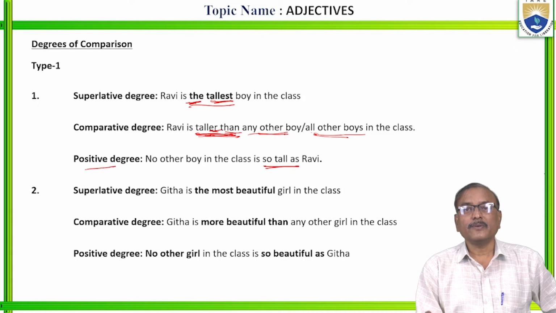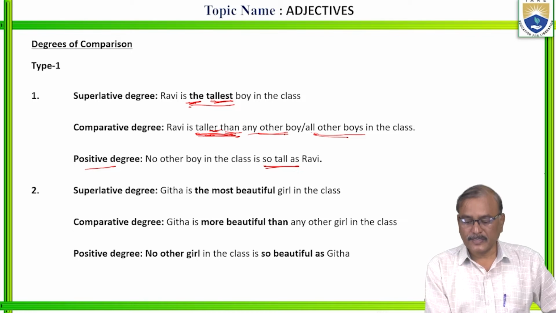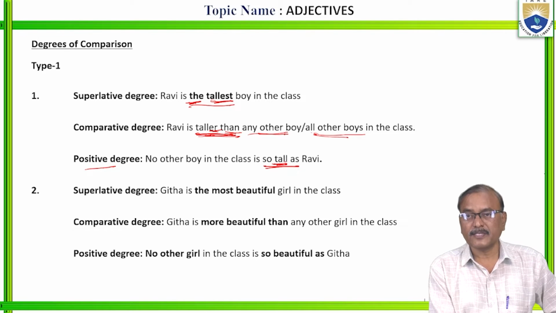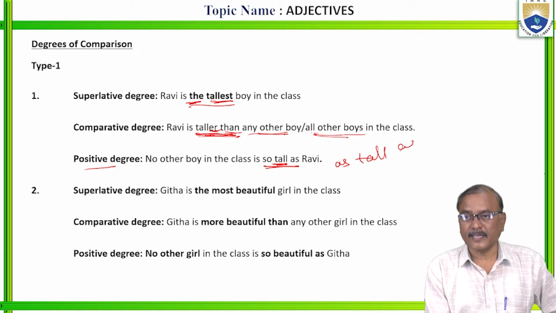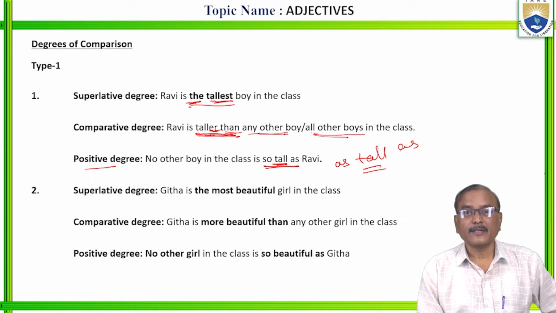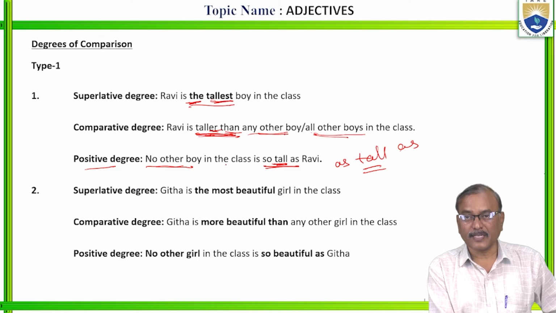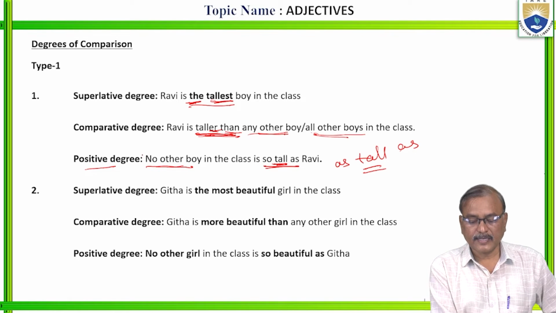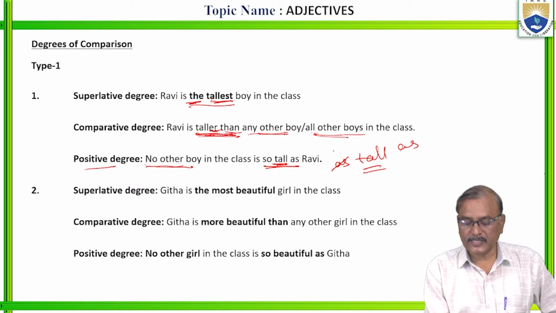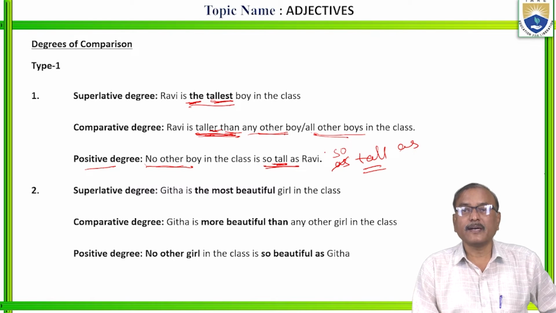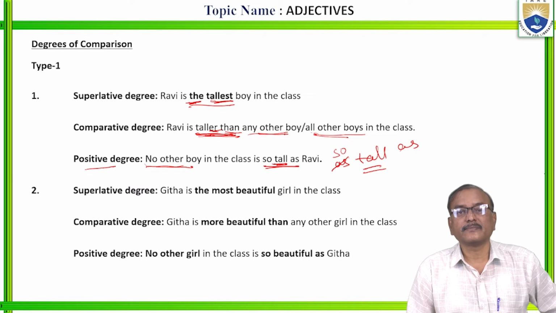Now, to change that into the positive degree, first write the positive form, tall. Just tall. And before and after this, keep "as" and "as." As tall as means equal. Is there anybody equal to Ravi? No. So start with "no other boy in the class is." Since it is negative, instead of the first "as" you can keep "so." No other boy in the class is so tall as Ravi.